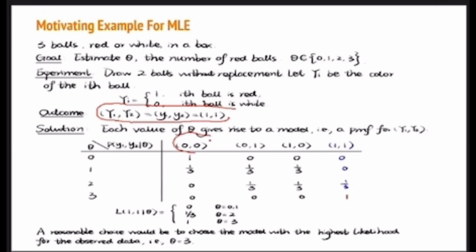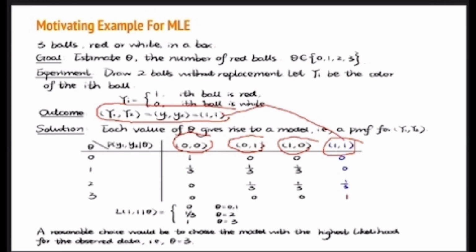There's the possibility of this, 0, 0: the first time I choose no red, second time no red. First time no red, second time red. First time red, second time no red. Is that not a possibility? That's a possibility, but we choose 2 balls.